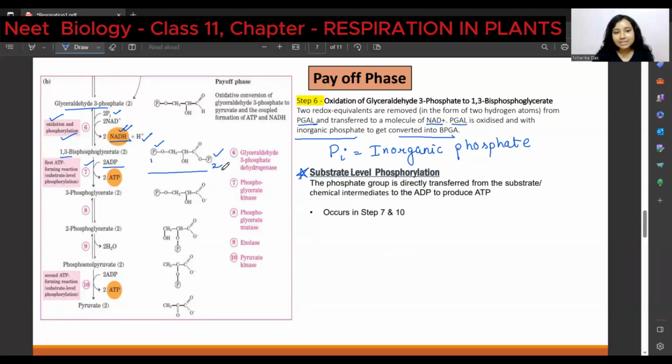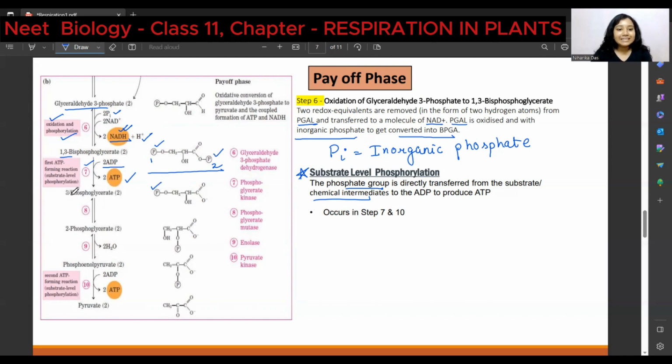As this is a substrate, the phosphate group is directly transferred from the substrate, or the chemical intermediate, to ADP to form ATP. That is why it is called substrate level phosphorylation. And we can see that 2 ATPs are produced because the reaction takes place twice in the payoff phase. Okay. Now after this, we will see that only 1 phosphate is there.